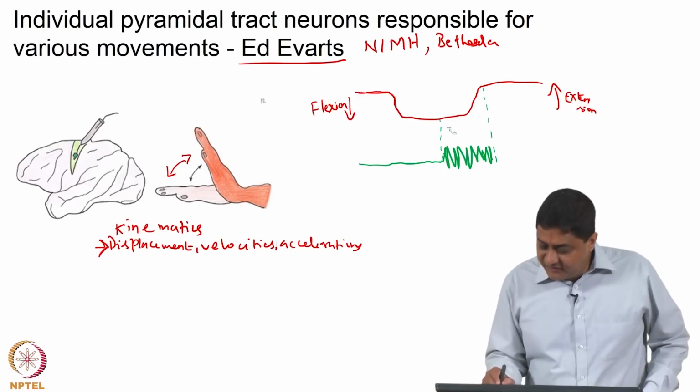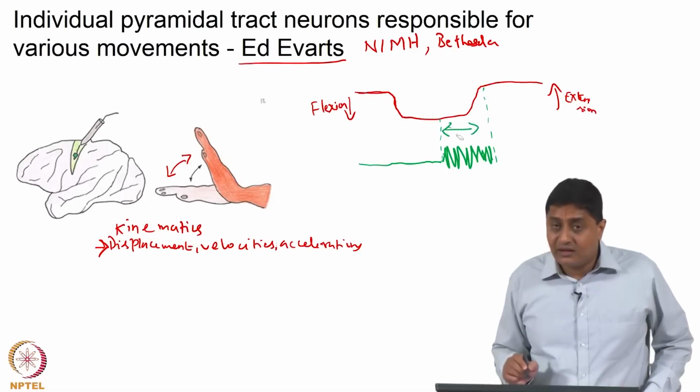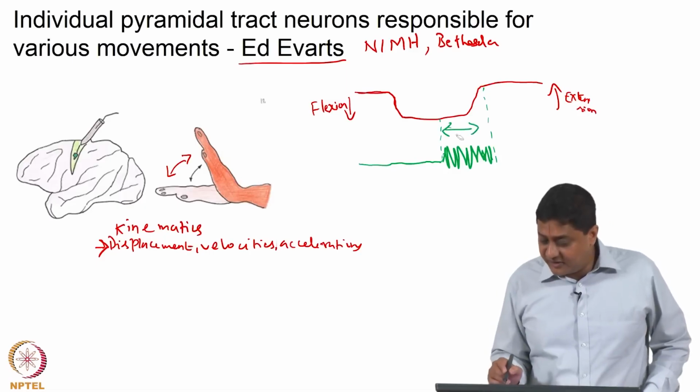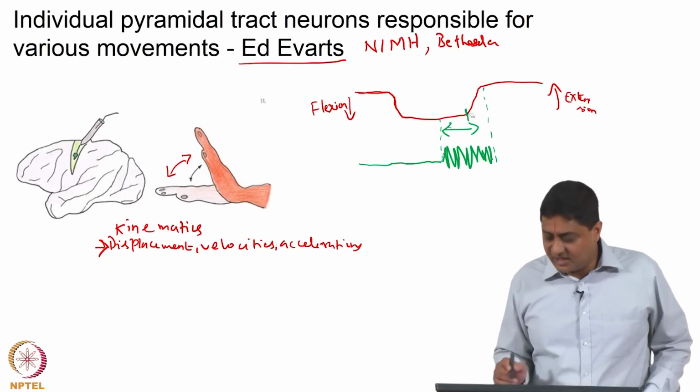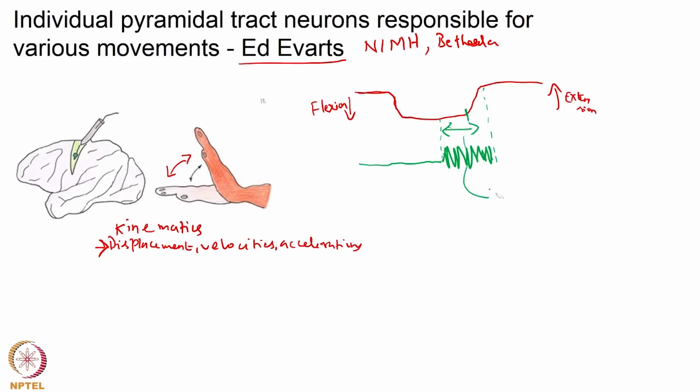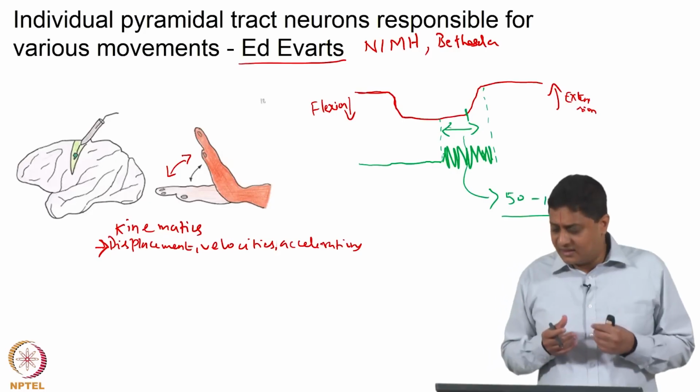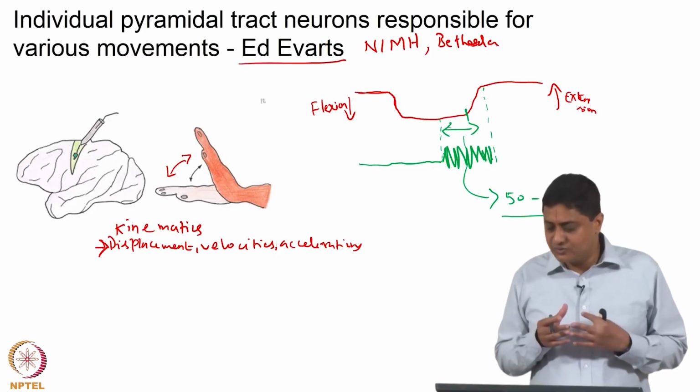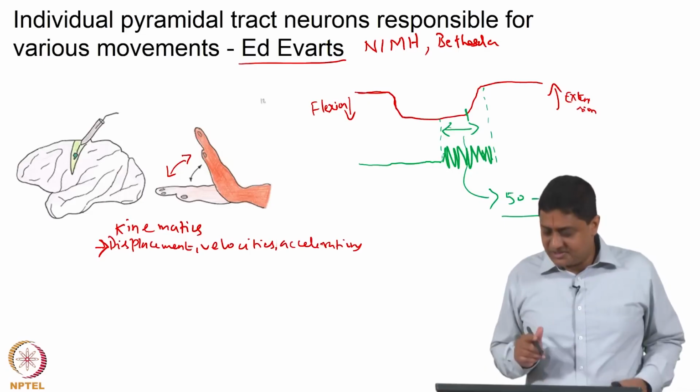So, this time difference between the start of the firing of the neuron and the start of the change in kinematics, how much would that be? That would be anywhere between 50 to 150 milliseconds. We have seen this earlier, right. We have discussed that these delays are the classical neurophysiological approach to studying movements, right.